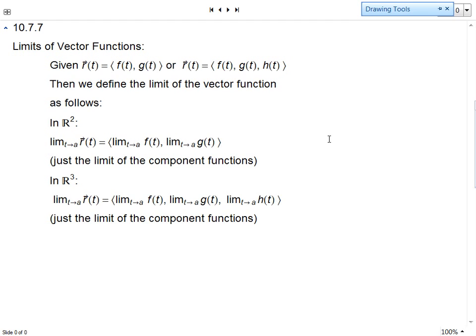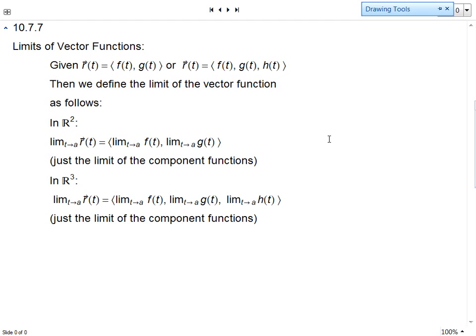Okay. What about this? A limit of a vector function. Does it make sense that it would just be the limit of each of the component functions? If you want to know what happens as t approaches a certain number in your vector function, then you really just want to know what happens as t approaches that number in each of the components.